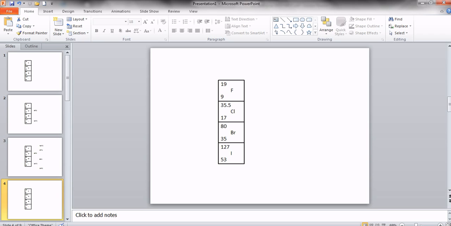Here you can see that fluorine, which is the most reactive, is up at the top. Then chlorine is the next most reactive, down to bromine, and then iodine being the least reactive. So if you're looking out of chlorine, bromine and iodine, the one that will react the best is chlorine, and therefore it will bleach the best.